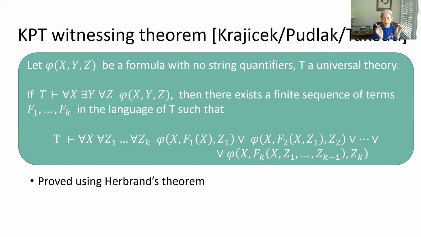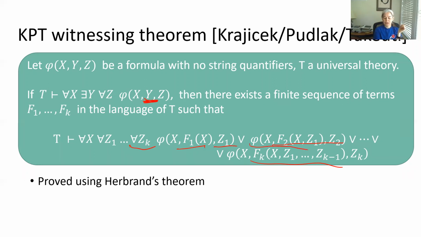you could compute your bit, if you could prove the formula of the form for all x exists y for all z, and then a simple formula, then there will be functions or terms in the language such that either the first function gives you the right answer. If not, well, it failed because there was some value of z for which it didn't work.